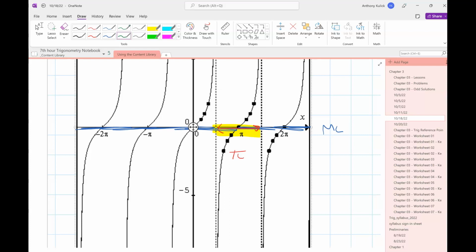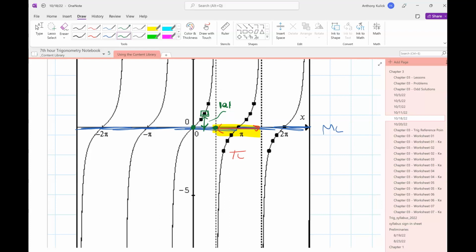Well, if I look at the interval from a midpoint to the asymptote, and look at halfway on that interval, and I look at the point that corresponds to that, the distance from that point back to the midline is the absolute value of A. So it acts kind of like our amplitude did.